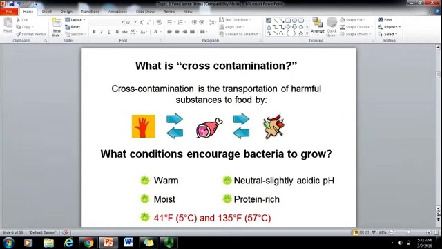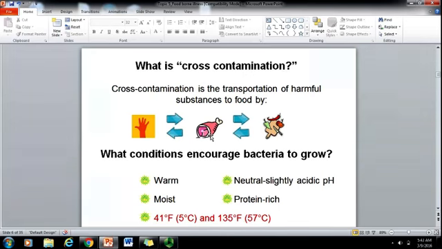These bacteria are transferred from the food handler's hands or from dirty cooking utensils onto the food and subsequently into your mouth. This is known as cross-contamination, the process of pathogen transference that usually happens in foodborne illness.